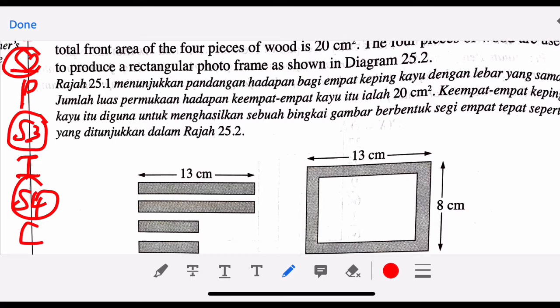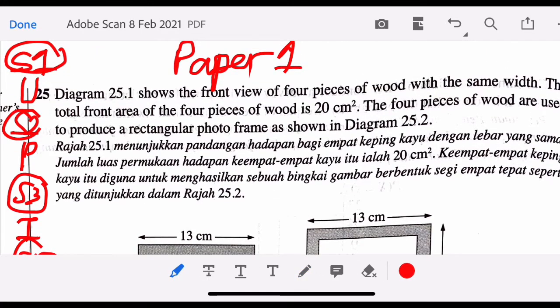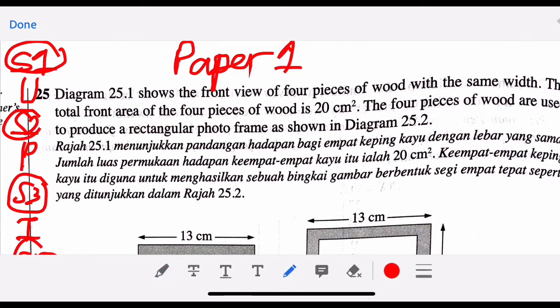Alright, so now let's understand the question. U is for understand. Diagram 25.1 shows the front view of 4 pieces of wood with the same width. Okay, keywords highlighted to show you understand.